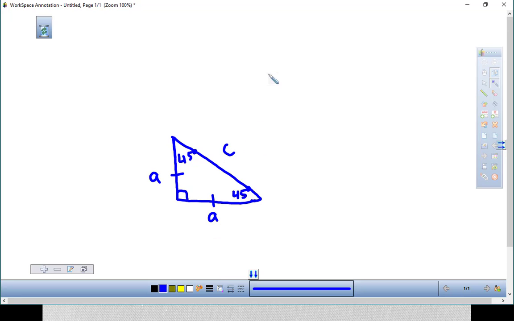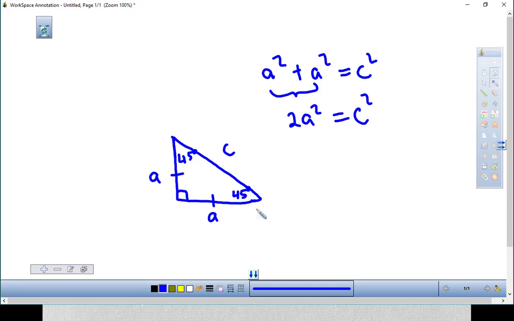So here's the deal. If we do a squared plus a squared equals c squared, then how does this length relate to these two? If we add those two together, we get 2a squared equals c squared. Pay attention. Then we'll do a couple of examples.